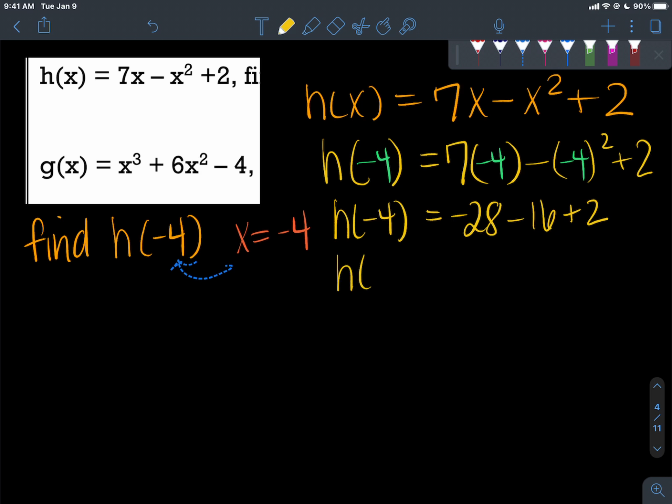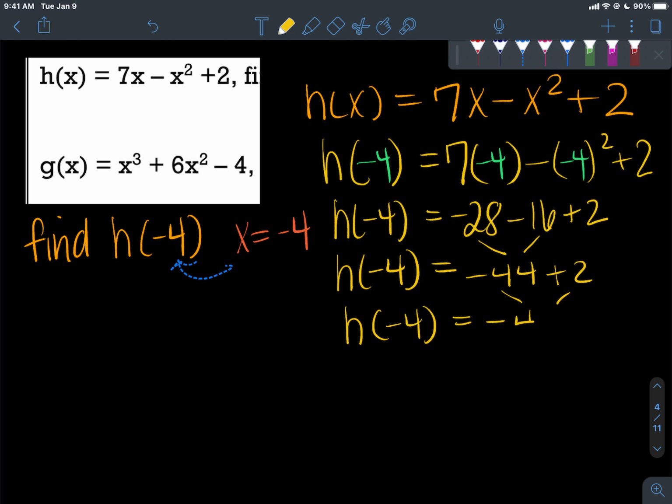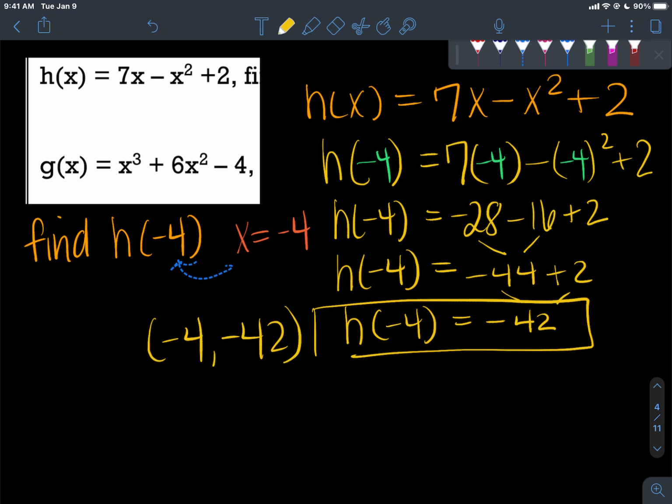Let's go ahead and keep simplifying. All right, so h of -4 equals -42. This point exists on this line.